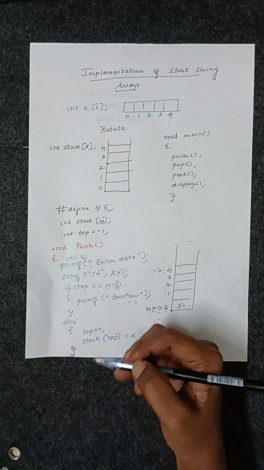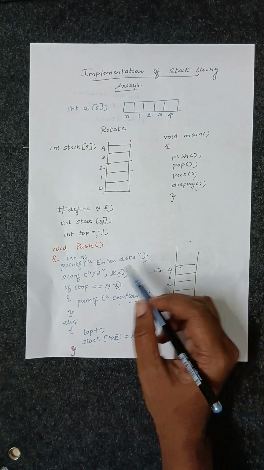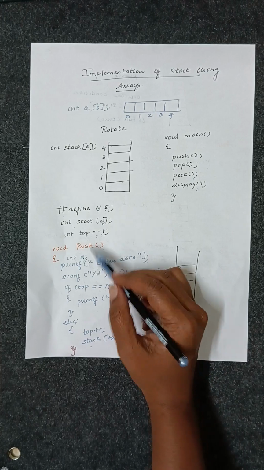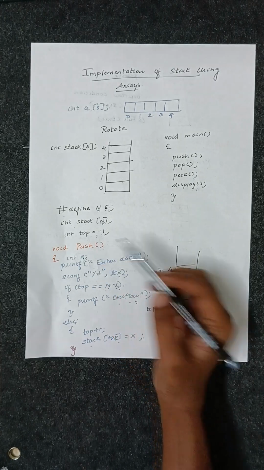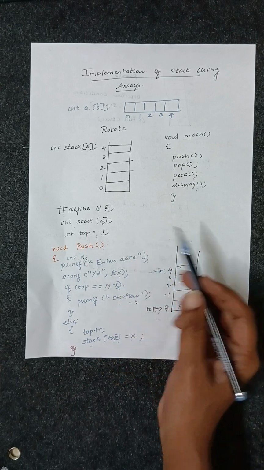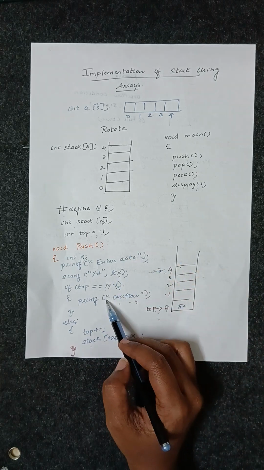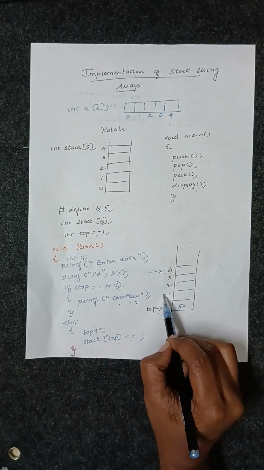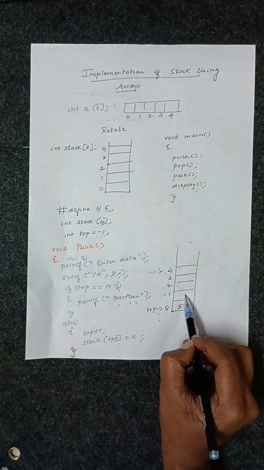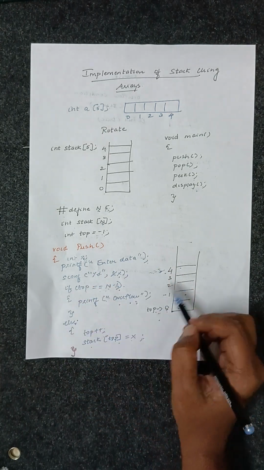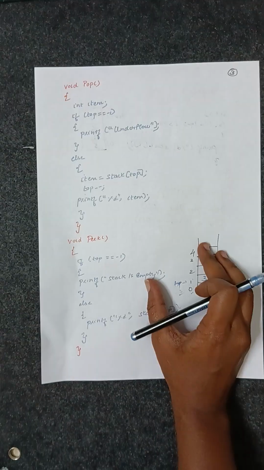Now again, if you want to perform another insertion, you can put it in a loop and call the push operation. Push of 3, for example, I am going to insert the element 3. Again it will check the condition, then you will increment your top. Top will be incremented to 1 and you will insert stack of top is equal to 3. So this is all about the push operation.